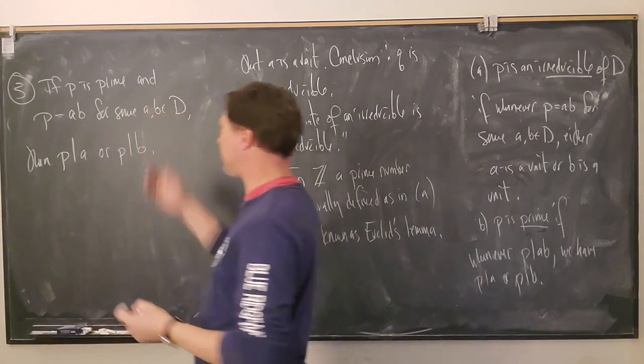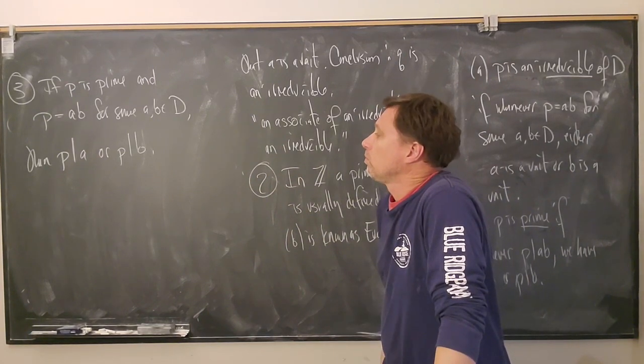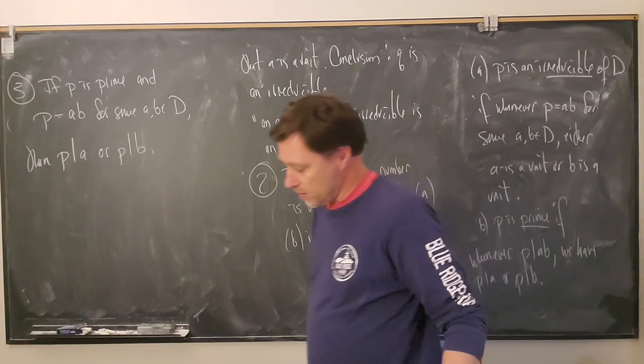If P is equal to AB, then of course P divides A times B, which means by virtue of being prime that P has to divide A or P has to divide B.